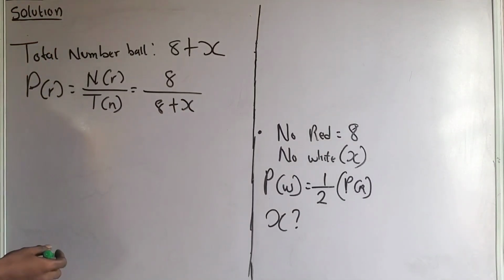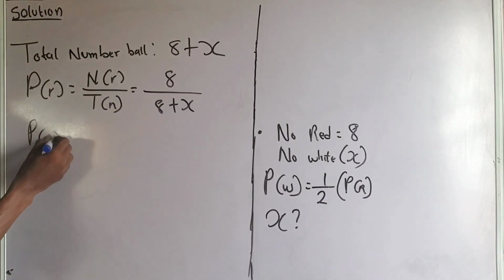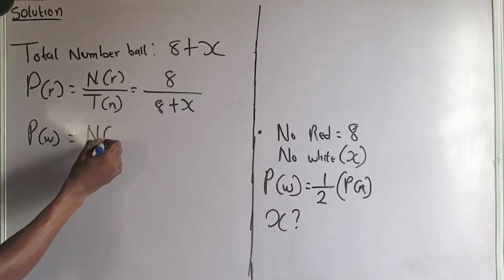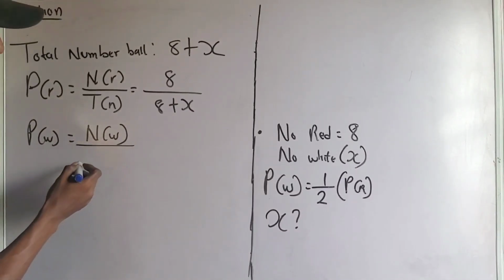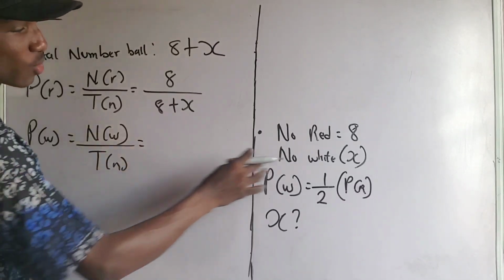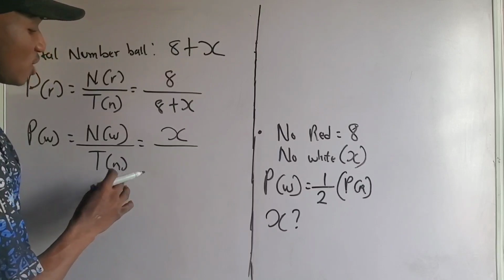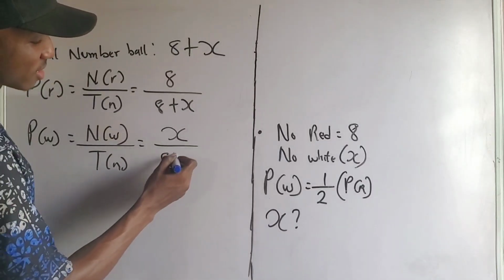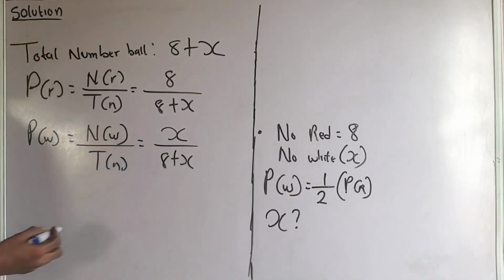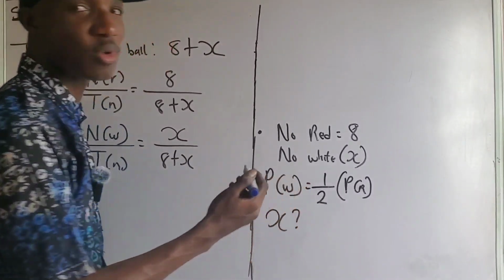The probability of white ball will be equal to the number of white balls present inside the basket all over the total number of balls. We've represented the number of white balls as x, so it is x over 8 plus x.